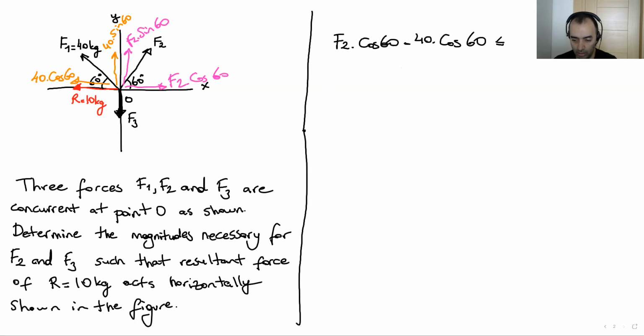What do you think? Okay. R is 10, so I think 10. Maybe. You are right and you are wrong at the same time. It's 10, that's okay. This is the correct part.